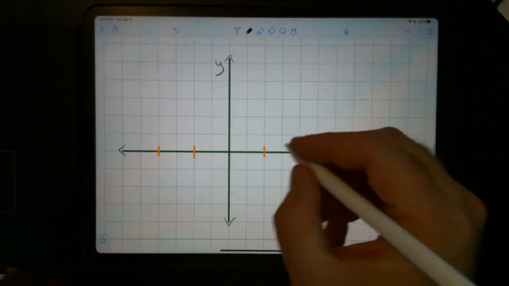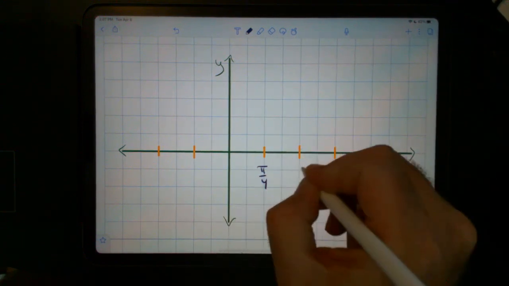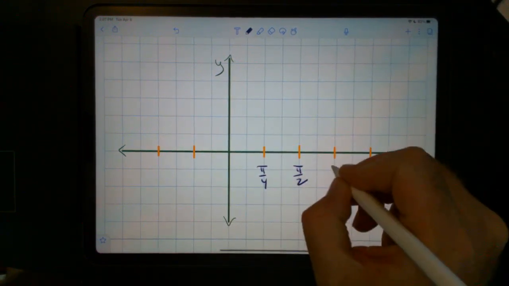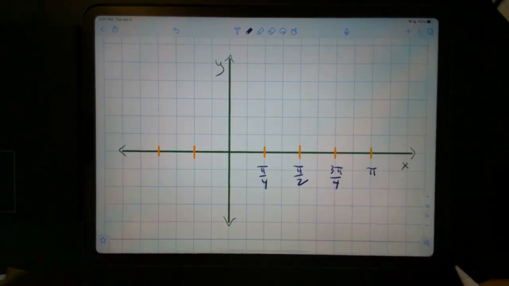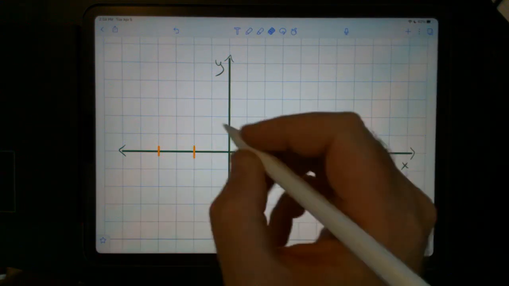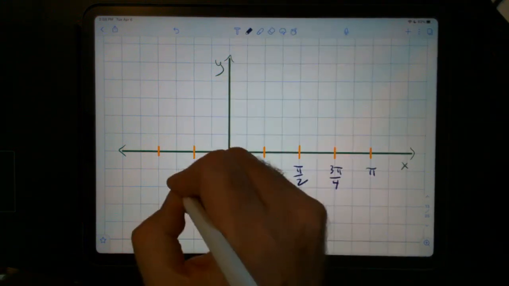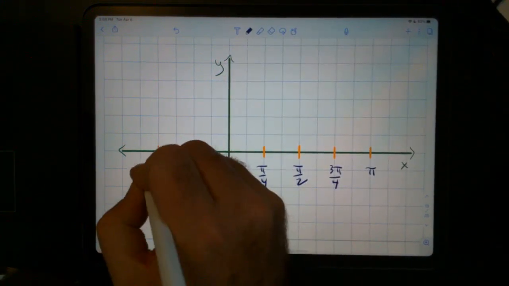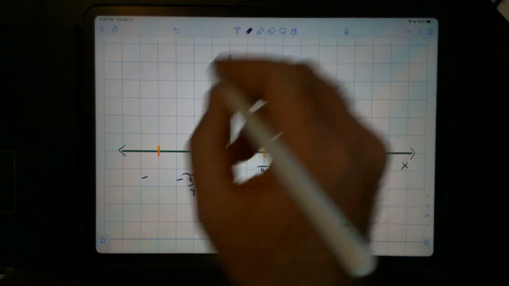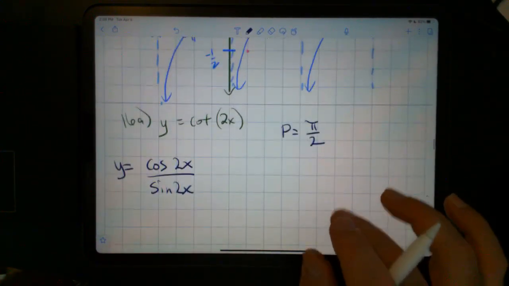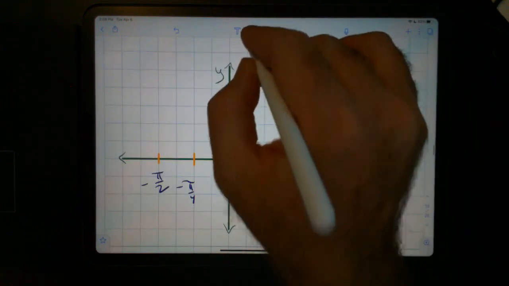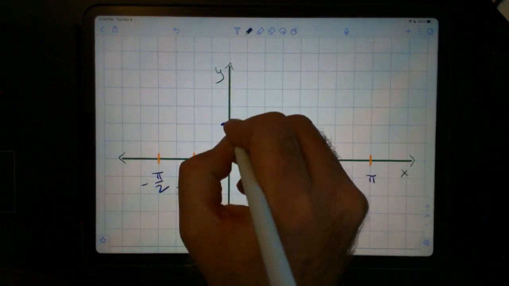So let's make this pi over 4, 2 pi over 4, 3 pi over 4, and 4 pi over 4. We can go in the negative direction. Okay, since my a is 1, let's go ahead and go up 1 and down 1.